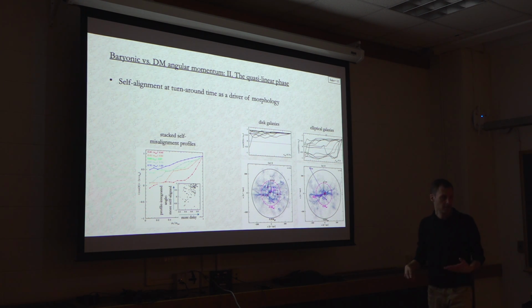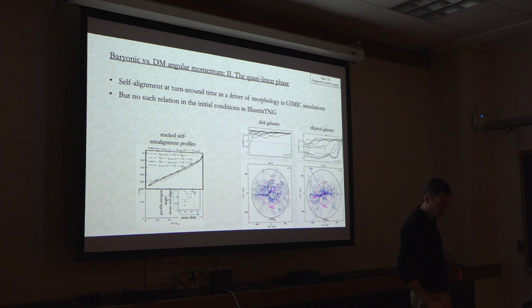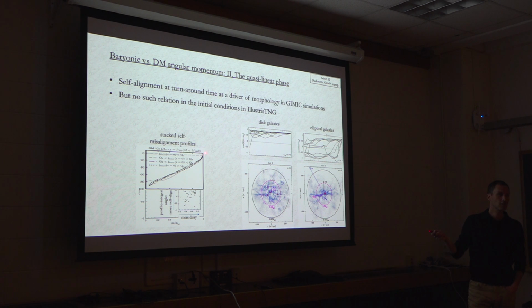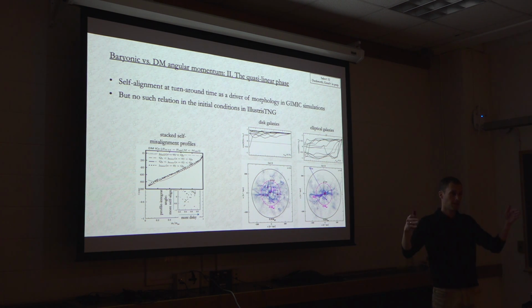So these galaxies tend to form in these coherent large-scale regions. Interestingly, we don't find the same thing when we look at the TNG simulation and at the coherence of the initial conditions. So again, we do a similar separation by galaxy morphology or angular momentum, and we see that all halos, all proto-halos in the initial conditions have exactly the same self-misalignment as a function of radius.